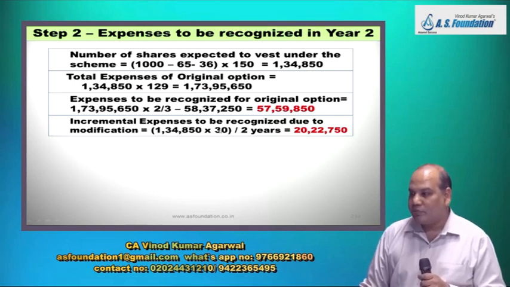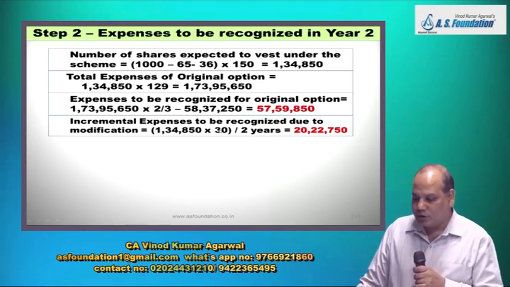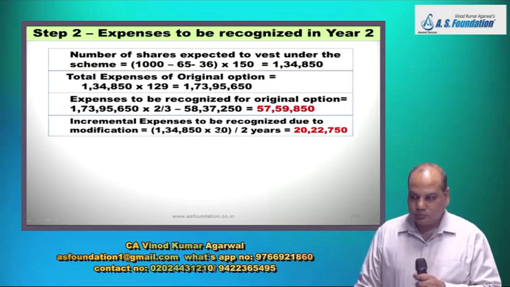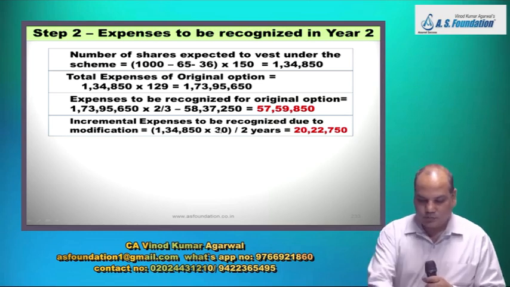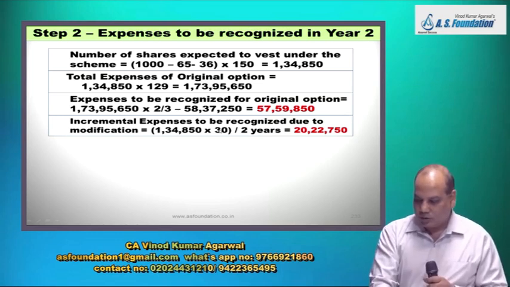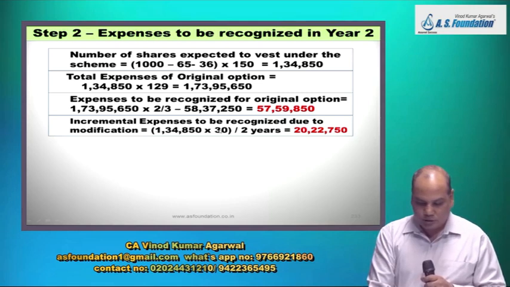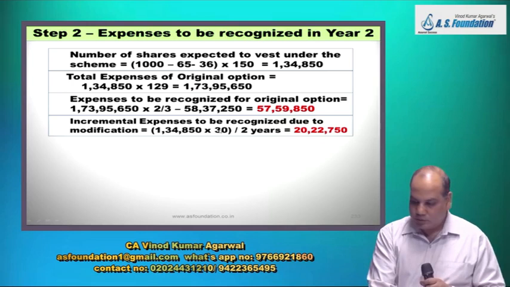Point D, incremental expense to be recognized due to modification: 134,850 into 30, that is the total, and now you divide it over the 2-year period. So that is 20,22,750.